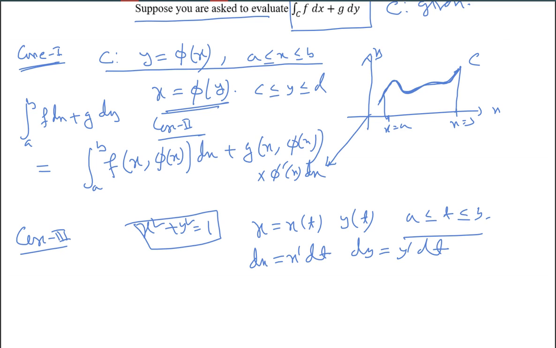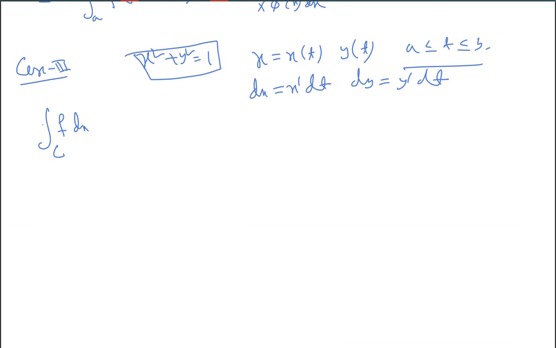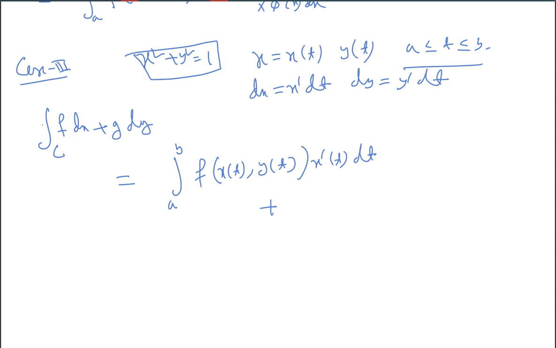So in that case, it will be the integration over c of f dx plus g dy, which is equal to the integration with t from a to b of f of x t, y t, x dash t dt plus g of x t, y t, y dash t dt.